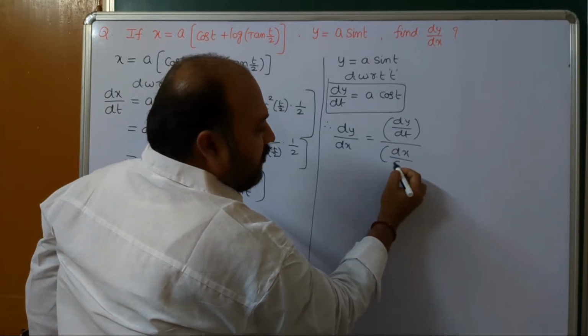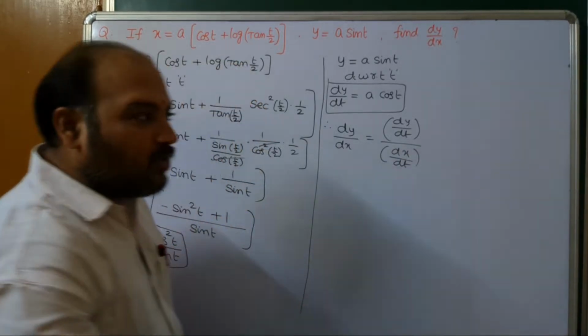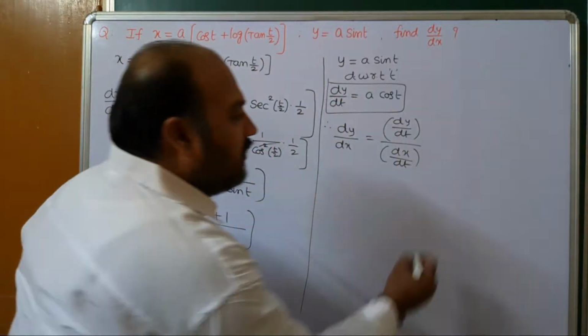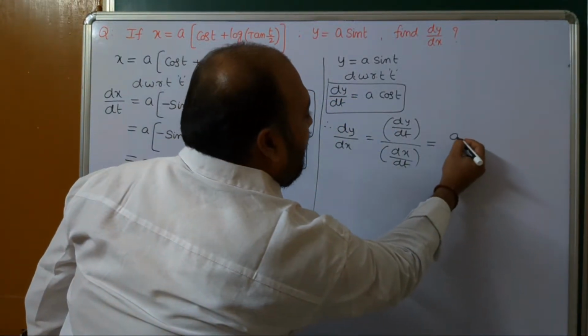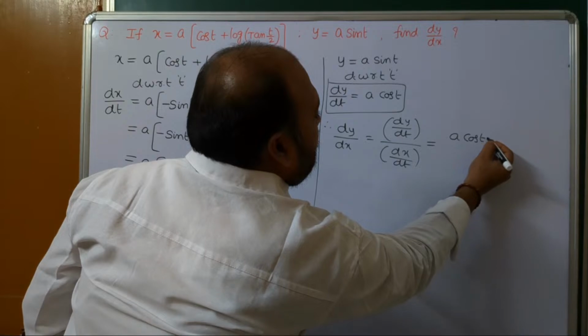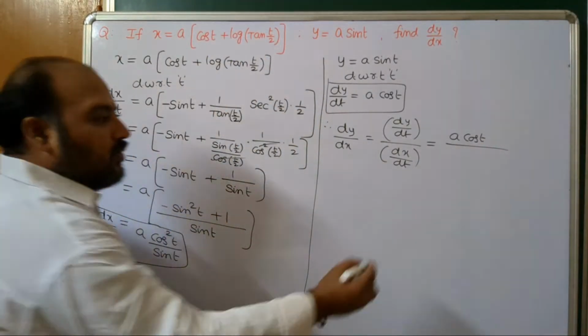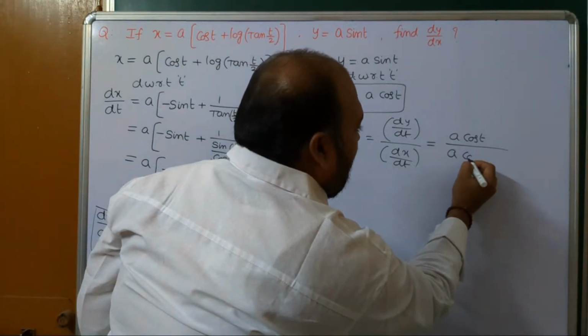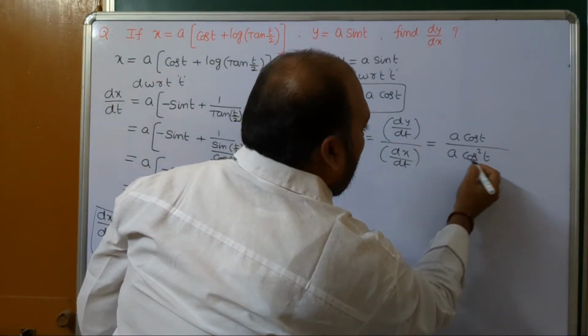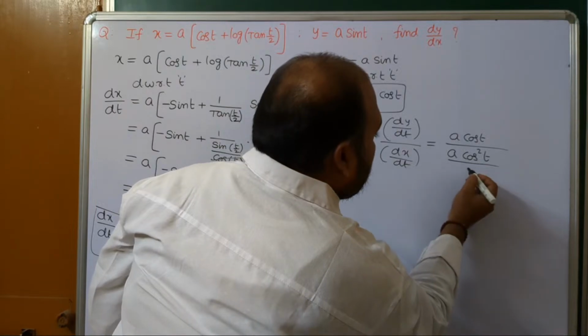Are you getting all of you, dear students? So dy by dt we got it here, a cos t, divided by dx by dt value here, a cos square t whole divided by sin t.